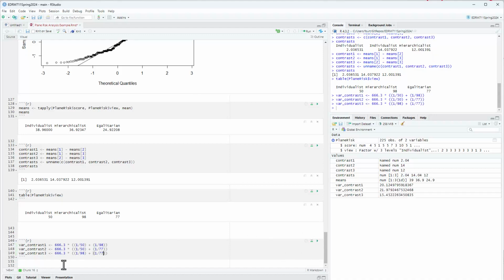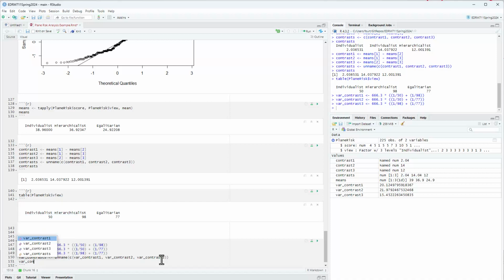And of course, if I take the square root of those, that would give me the standard error. So let me go ahead and make a little variance of contrasts, just like I did for the contrasts themselves. So we have, and I'll unname it, variance of contrast 1, variance of contrast 2, and variance of contrast 3.